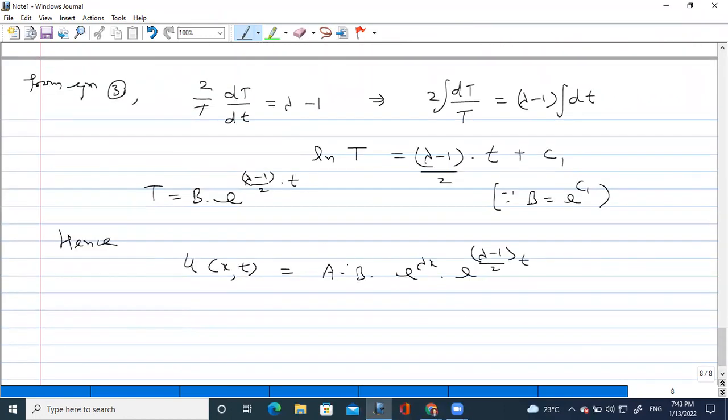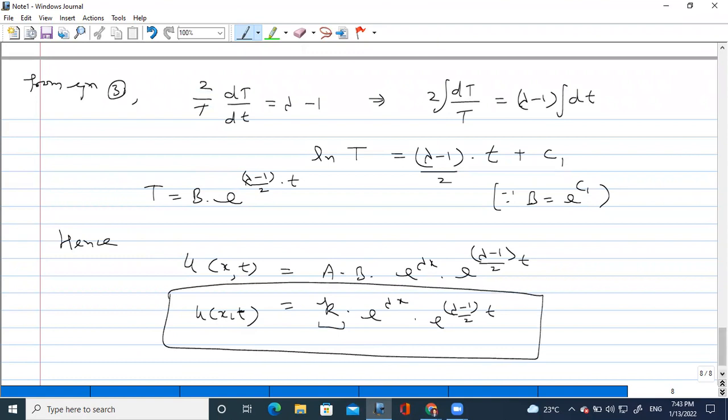Okay, so don't leave these two constants. The multiplication of them will be some other constant, suppose it is k, that is also a constant only. e to the power lambda x into e to the power lambda minus 1 by 2 into t, that is u(x,t). So I have only one constant, that is k now. This is my equation.